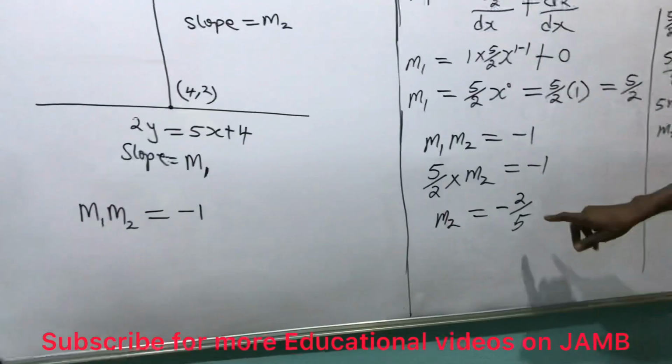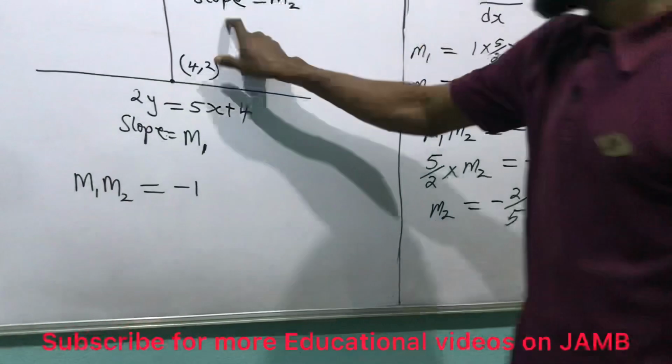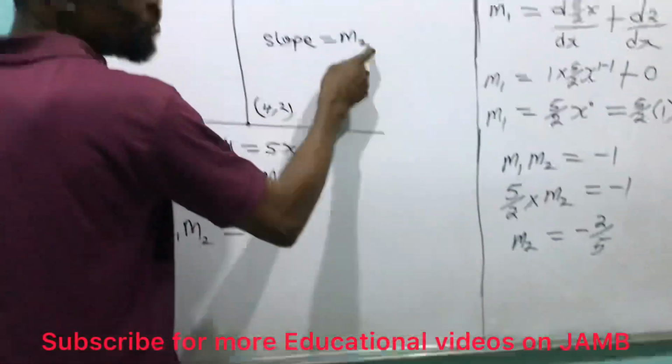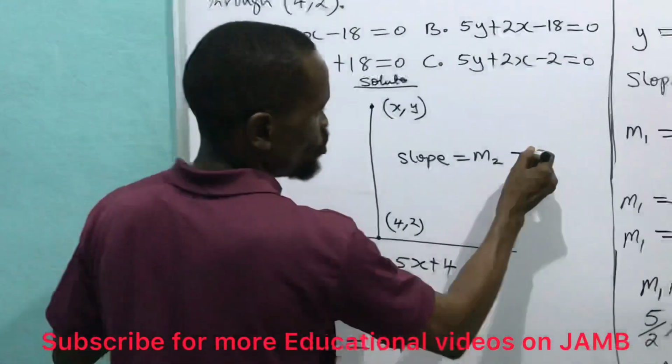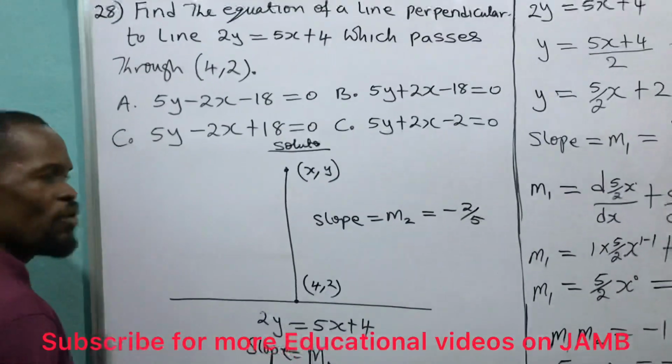And as I've gotten, m2 is the slope of this line, which is m2 equals minus 2 over 5. Then what will I do?